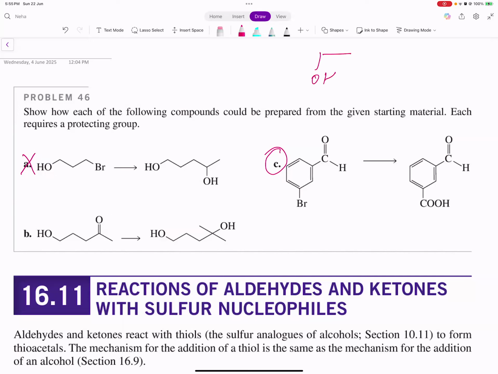So either we take this 1,3 diol, which is good. Then just oxidize the Br, right?